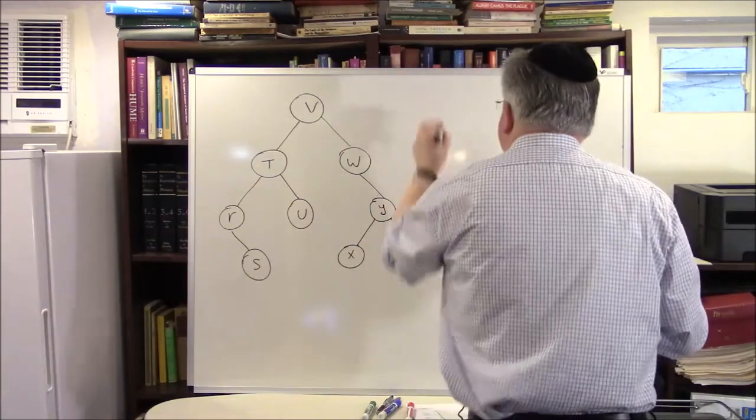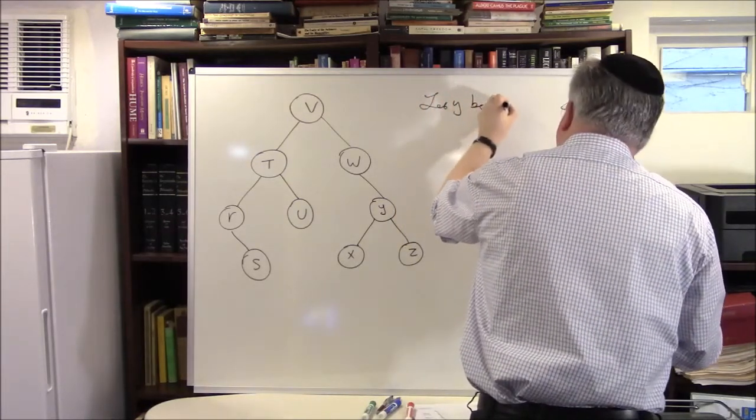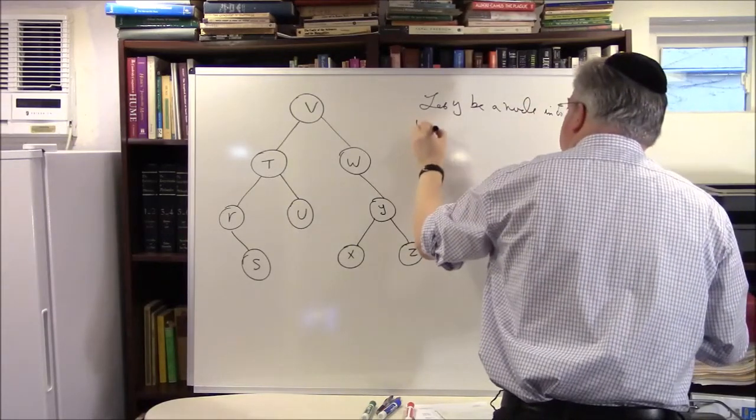So it goes like this: let Y be a node in a binary search tree.